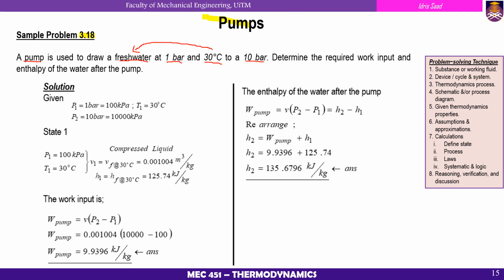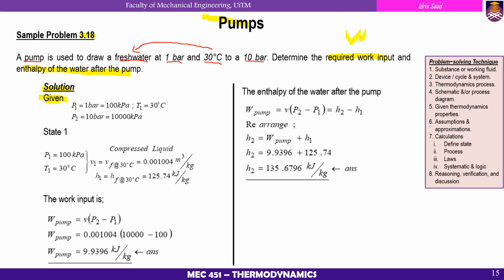So the question asks us to determine the required work input and the enthalpy of the water after the pump. The required work input is basically the work net, and the enthalpy is H2 because this is after the pump.